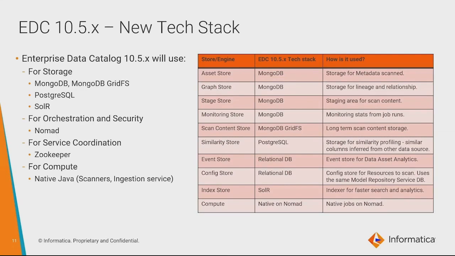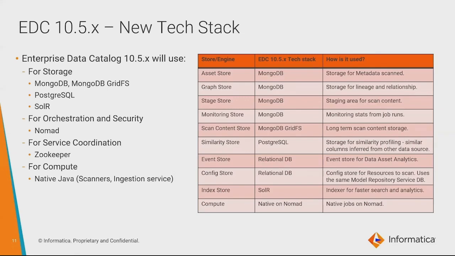So let's go a little in depth to see how each of these storage systems is used by the product and what tech stack maps to it in this particular table. For storage, we use MongoDB, backed by its own GridFS file system, like I already mentioned.